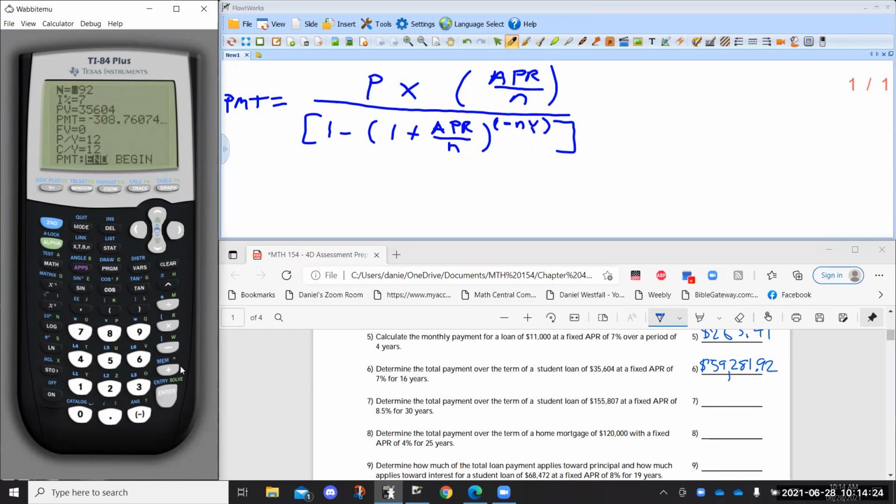So we've got 30 years, 8.5%, present value. Want to find the payment.